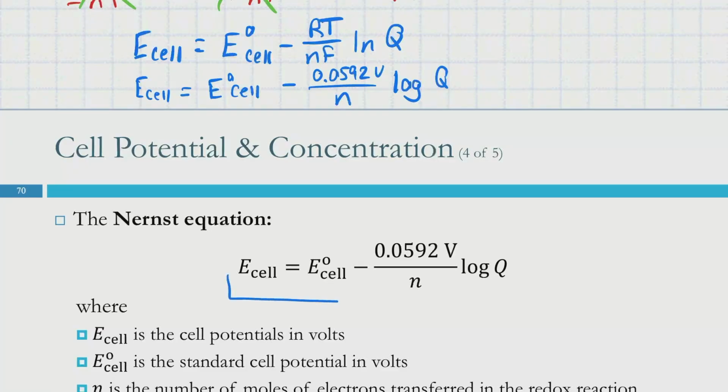So this is another good equation to have. It relates our reaction quotient Q to our cell potential and our standard cell potential, which will be helpful intermittently.